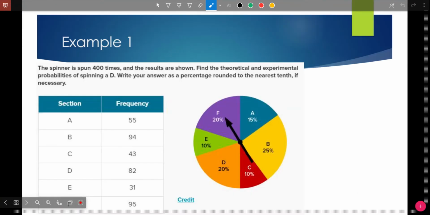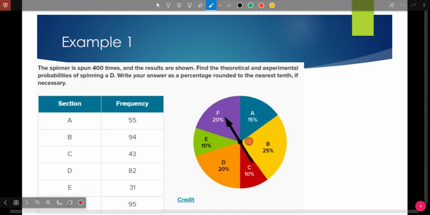And so in this situation, example 1, the spinner is spun 400 times, and the results are shown. Find the theoretical and experimental probabilities of spinning a D. Write your answer as a percentage to the nearest tenth. Now, in this case, they're not all equal sizes.